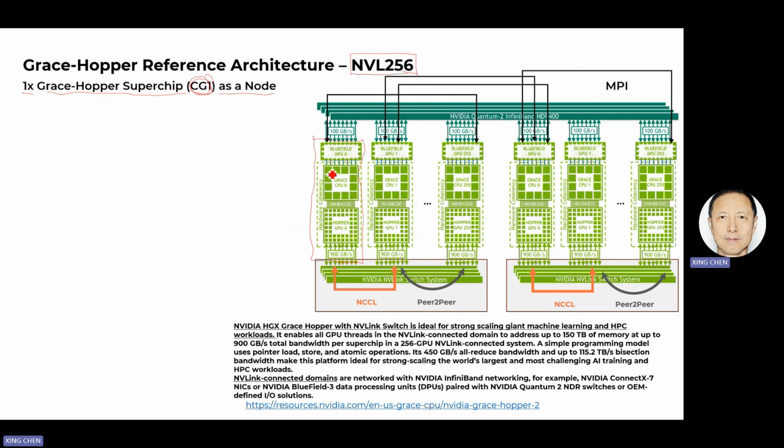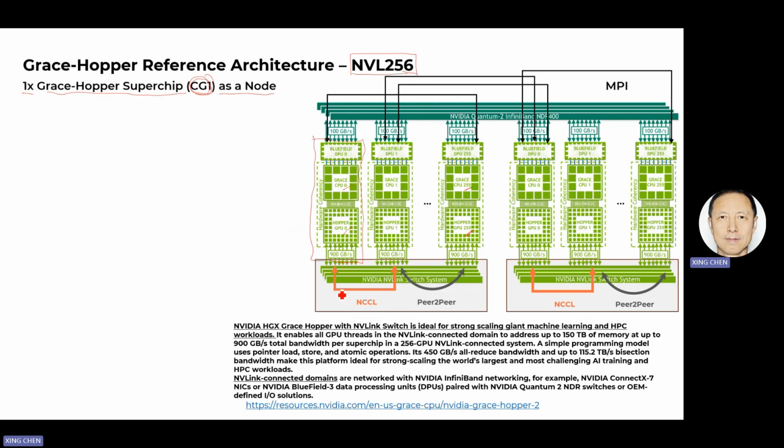Here what you have is a Grace CPU and a Hopper GPU. That makes a Grace-Hopper superchip. 256 means that the ID of the last one is 255. Basically, altogether, you are going to have 256 GPUs. Having only GPUs doesn't make an NVL 256 domain.